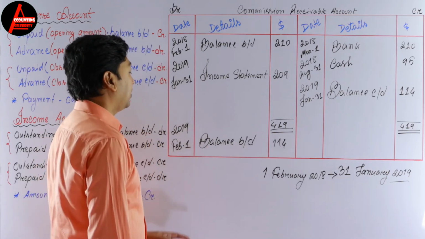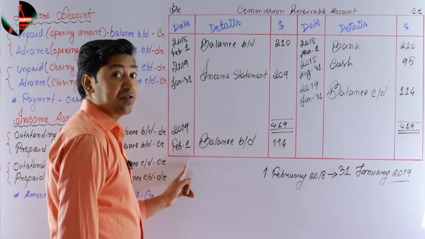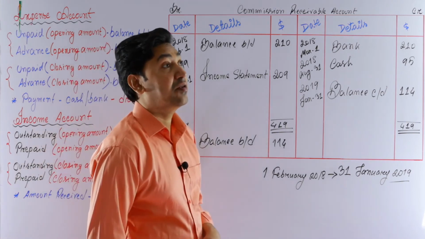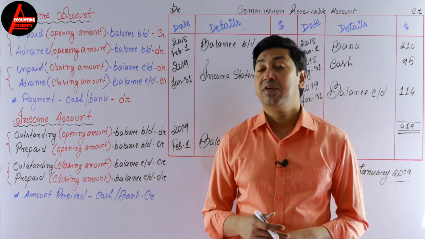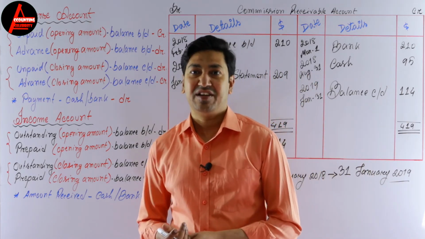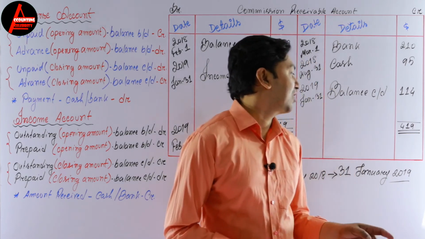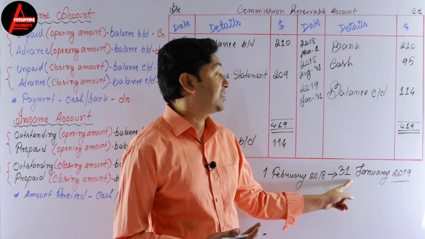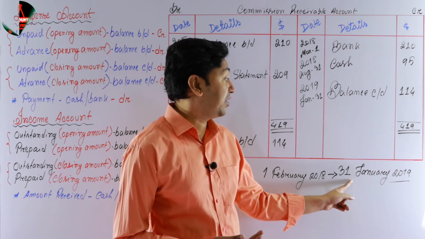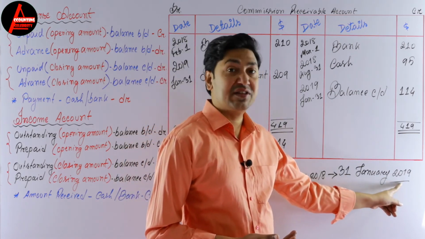Okay, so if this date even not written in the question, we know that date for balance BD will be the first day of next accounting period. Okay, so here the closing day of accounting period is 31st January 2019 and the first day of next accounting period will be 1st February 2019.